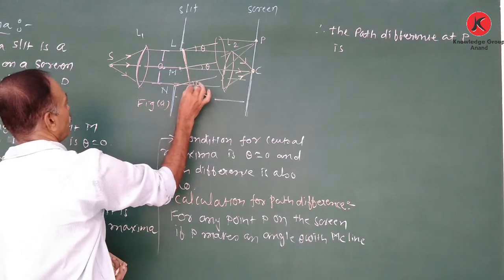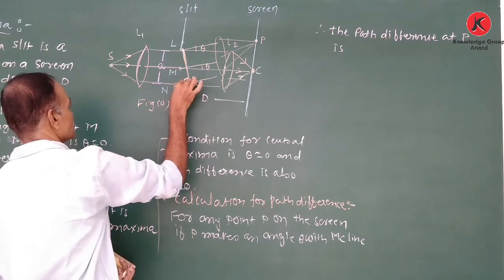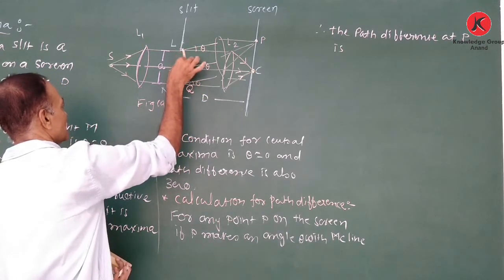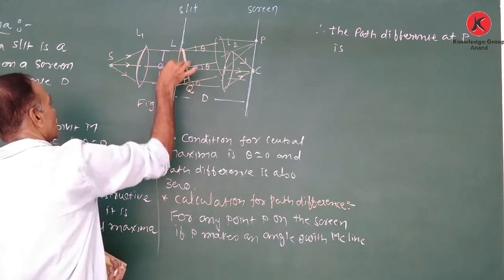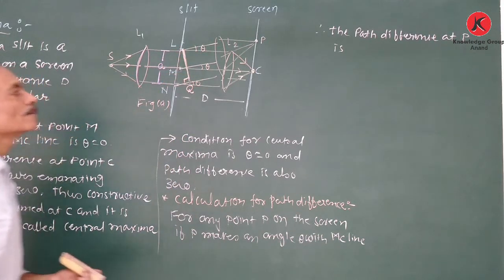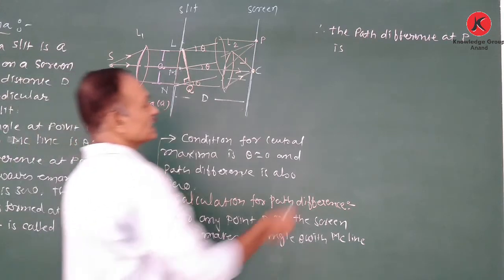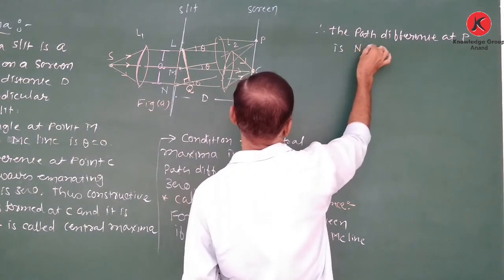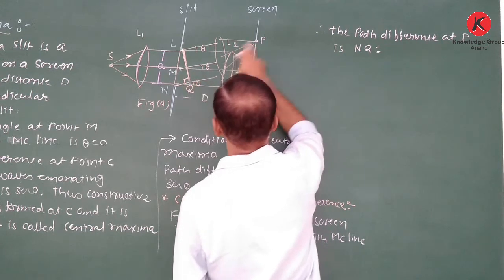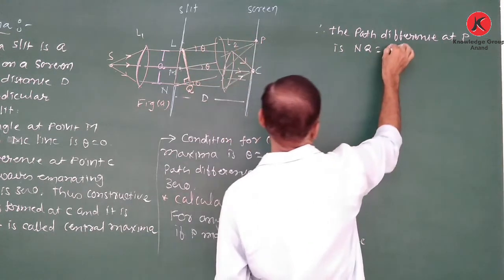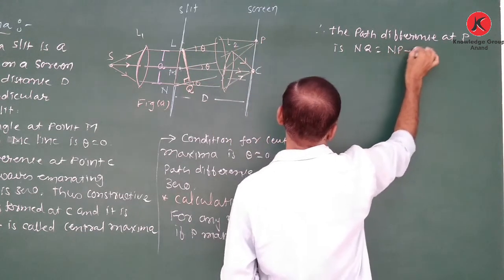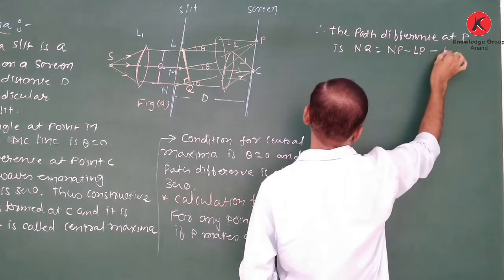That is the Q point. So a right angle triangle is formed, that is LNQ. So the path difference NQ is equal to NP minus LP, equation 1.